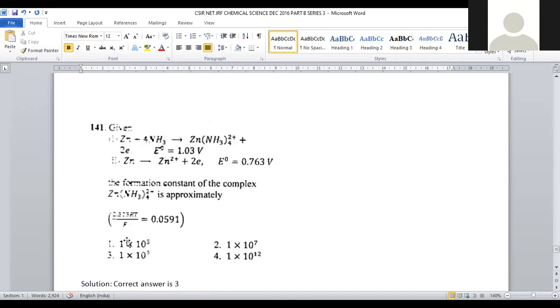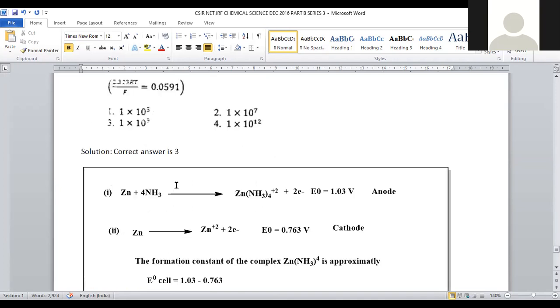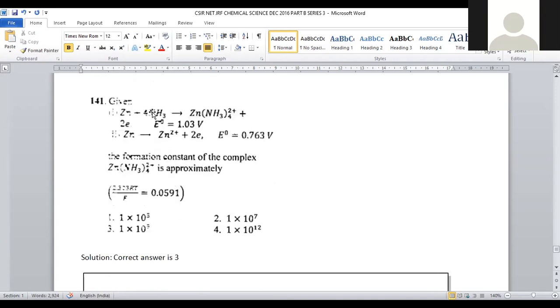Let us move on to question number 141. We are taking the equation: zinc plus 4 ammonia gives rise to tetraamminezinc dipositive ion. So this is the complex ion formation. During this reaction, 2 electrons got released and its standard electrode potential will be 1.03 volts.